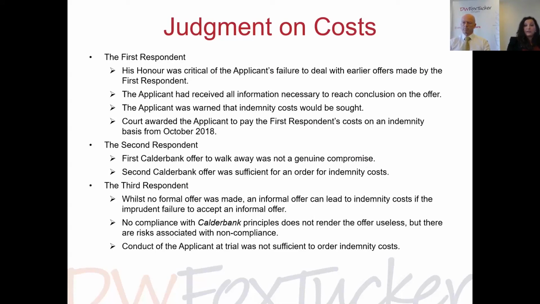In light of that, the judge found that the costs of the action were to be on a party-party basis from the commencement up until the 3rd of October 2018, being when the first offer was made to discontinue against the first respondent, and from that point on, it was an order for costs on an indemnity basis.